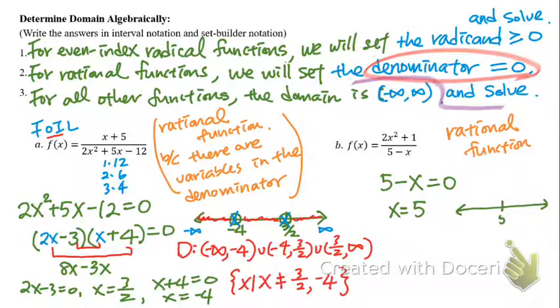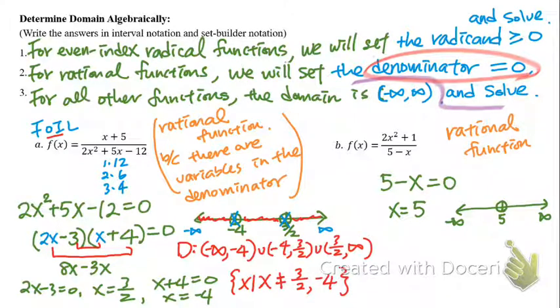I like to draw my number line, very visual for me to see. Remember I said you draw the number line, put the number that you solved on the number line, and write negative infinity on the left and infinity on the right, and your answer is right there.